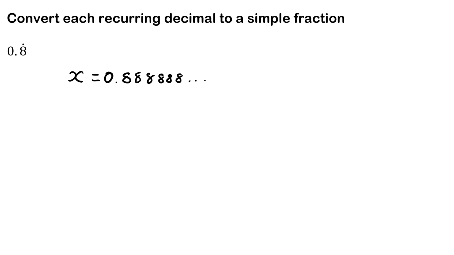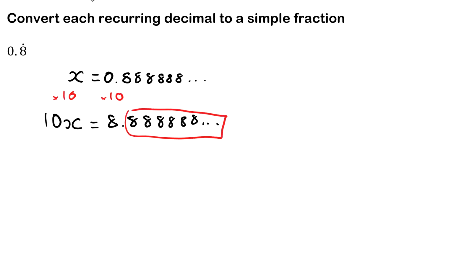So what I can do is multiply everything by 10. So I'm going to go times 10, times 10, and what I end up with is 10x equals 8.888888. Now that I know what 10x is and what x is, I can use this to cancel out all of these.